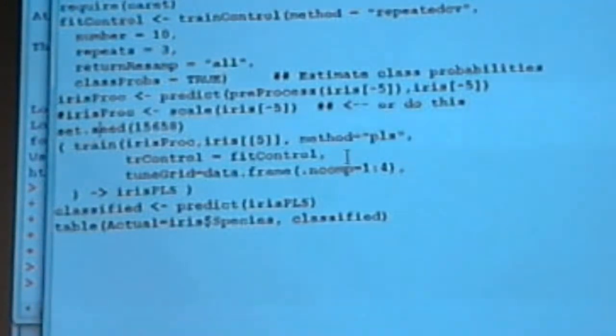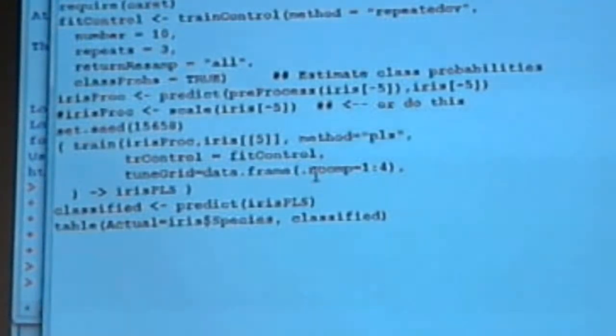Anyway, they have that argument. And remember in the caret package, they talk about if your model has a tuning parameter to control, you just precede that tuning parameter with a dot. So here this is an example.